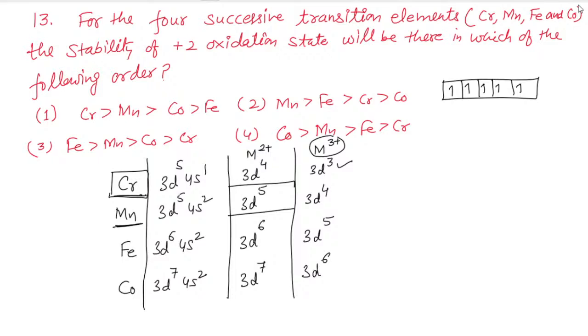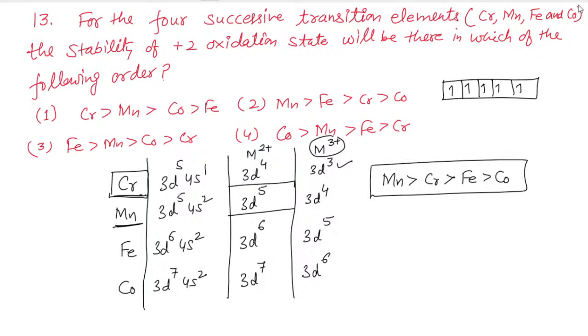See, it seems like manganese is more stable, then chromium, then iron, and last is cobalt. Actually, it is comparable from the E naught values. Down the group, the 2+ state becomes less stable.